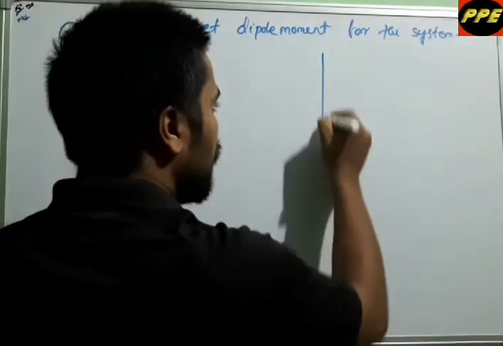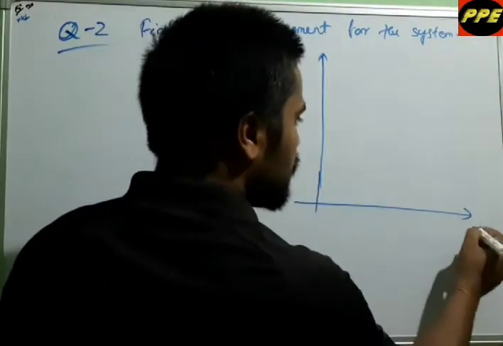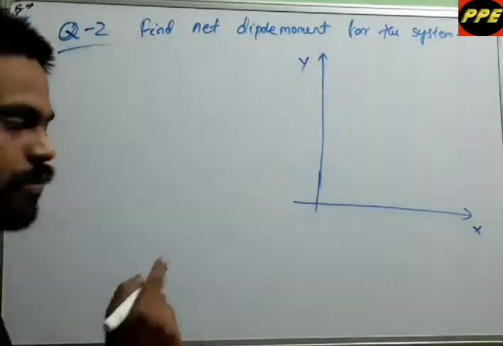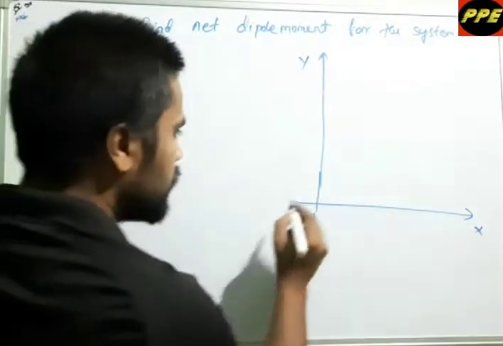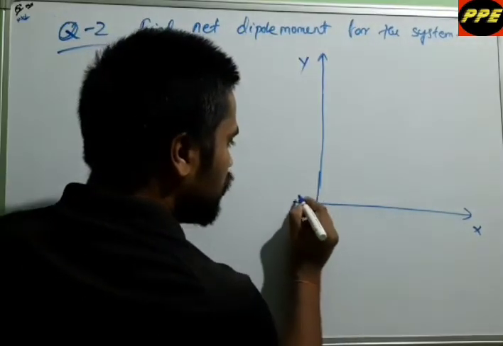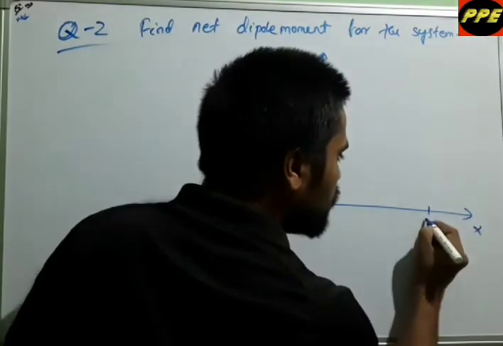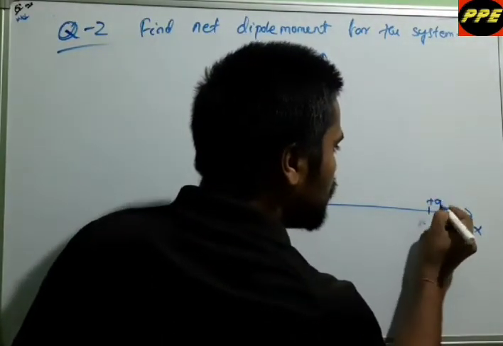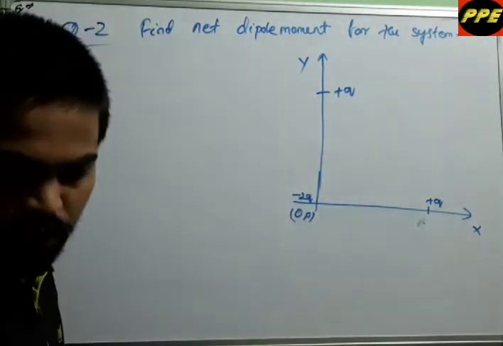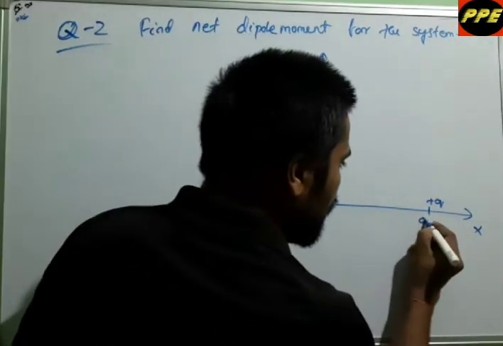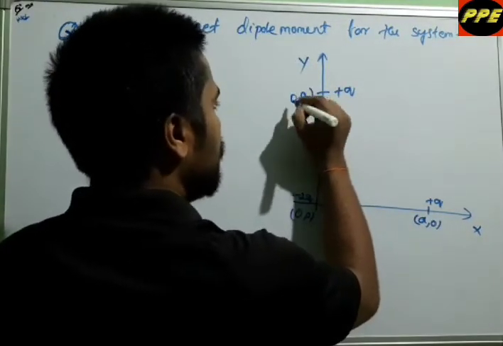This is the x axis, this is the y axis, and this is the origin. A charge of -2q is present at the origin, and +q charges are present here and here. The coordinates are given: this is (a, 0) and this is (0, a).